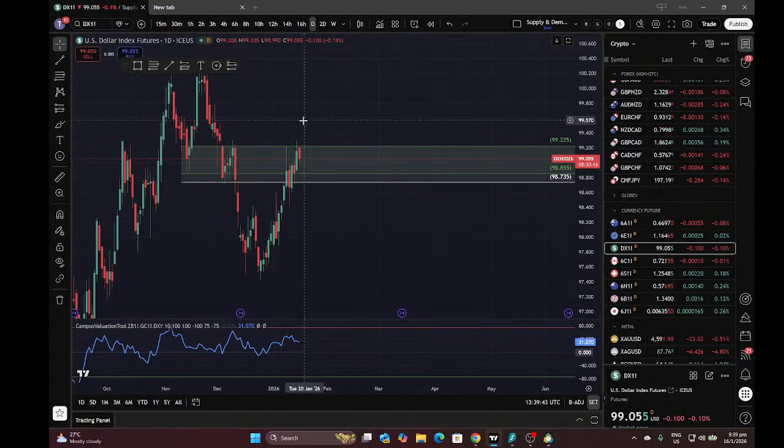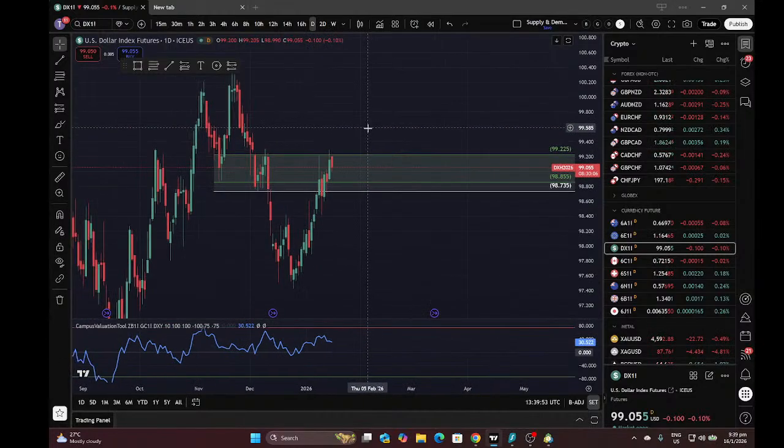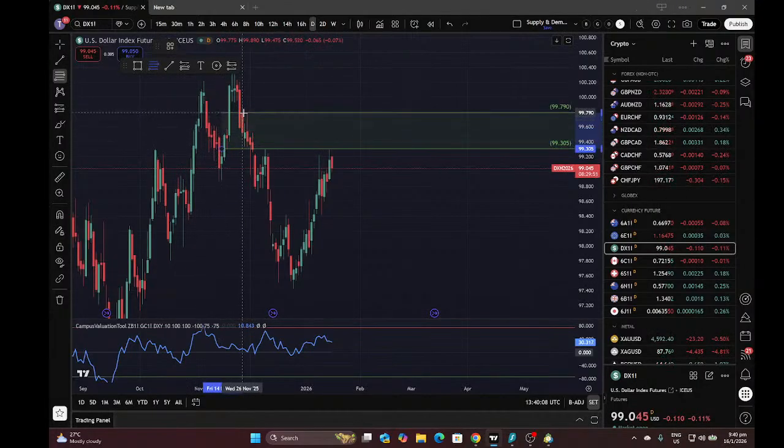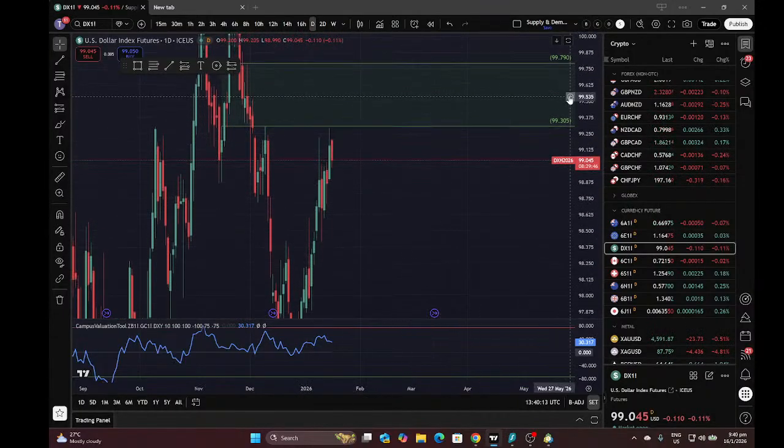So what I'm seeing is the US dollar index is actually overvalued, at a state of overvalue. There is a potential supply zone here, which is about to be touched, or is it not touched?